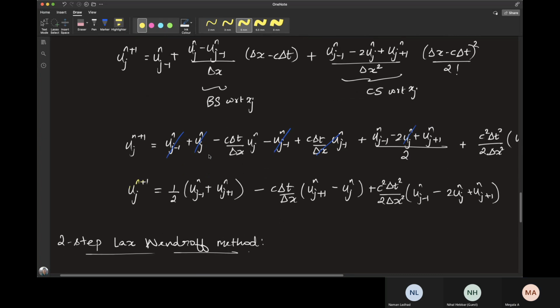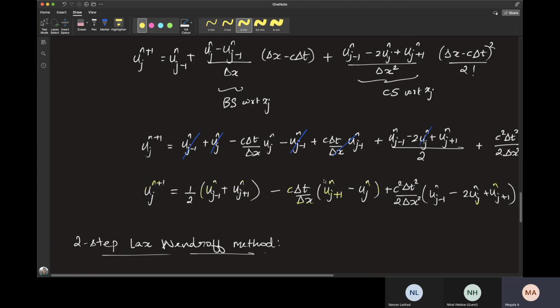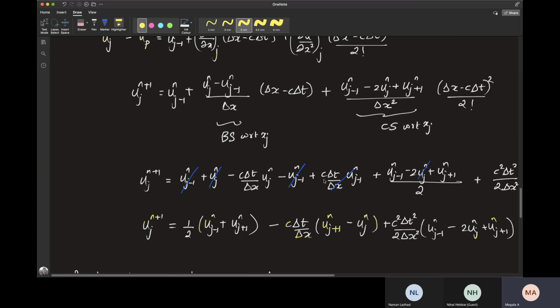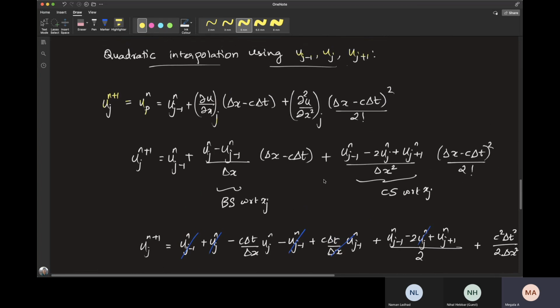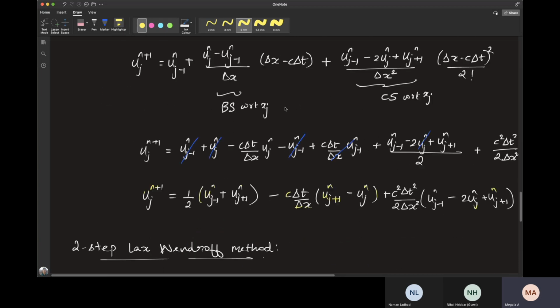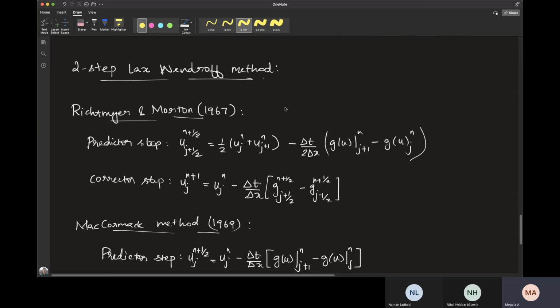This is some average quantity, and here you have a forward difference and then a central difference. I'm not sure if this is a known scheme or not, but just to show that anything can be derived by using any kind of interpolation, I've done this. Just like we do linear interpolation, we can also do quadratic interpolation.